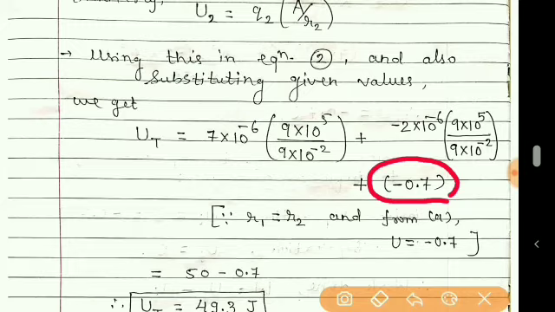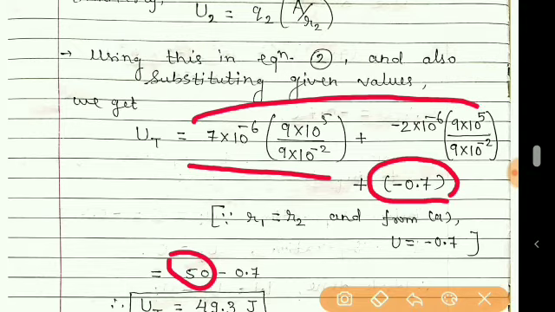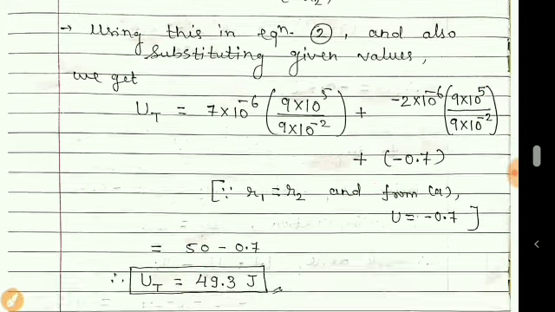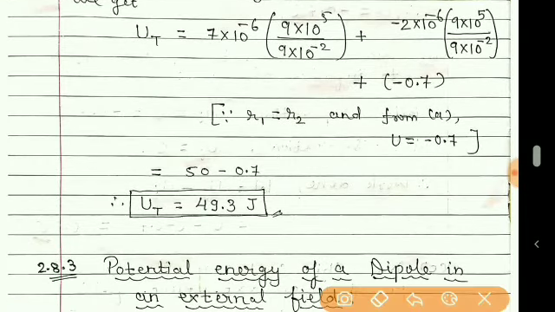Now after calculation we can get this answer. This 50 is for these two, and minus 0.7 is this, and so the final result, that is the total potential energy of that configuration, is 49.3 joule.